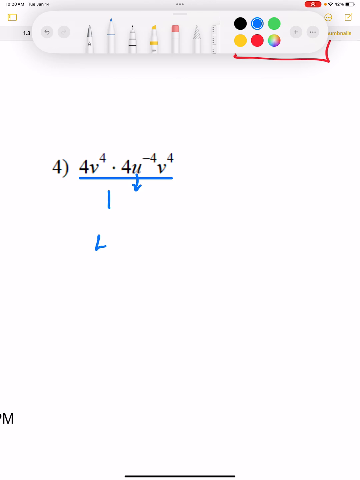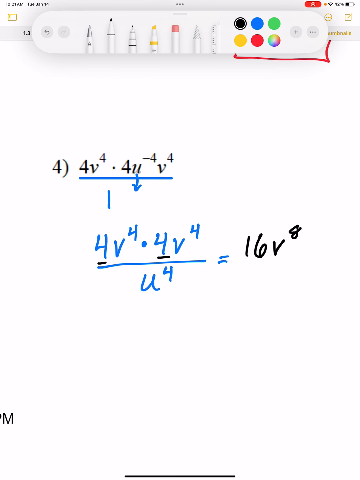So it becomes 4v to the 4th times 4v to the 4th all over u to the 4th, right? Now 4 times 4 is 16. You're not adding these two numbers, you're multiplying them. But then v to the 4th times v to the 4th is v to the 8th over u to the 4th.